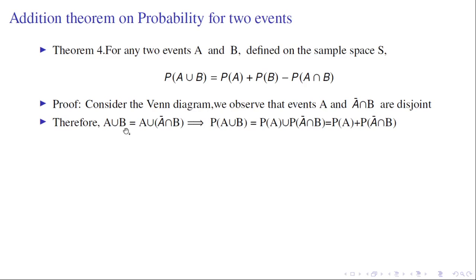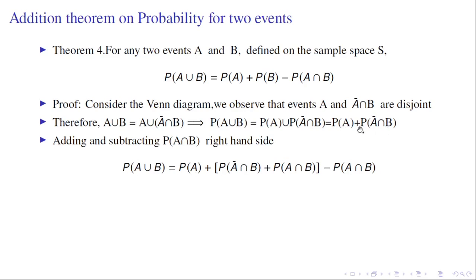Therefore, A union B is equal to A union A bar intersection B, since these two are disjoint. Taking probability on both sides, probability of A union B is equal to probability of A plus probability of A bar intersection B, since these two are disjoint.